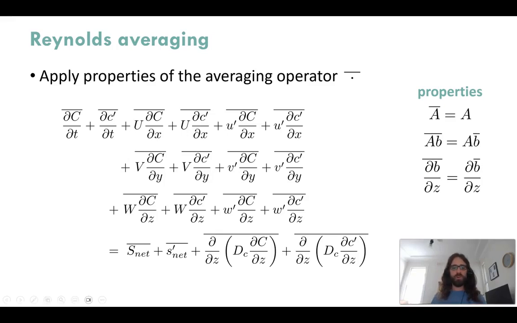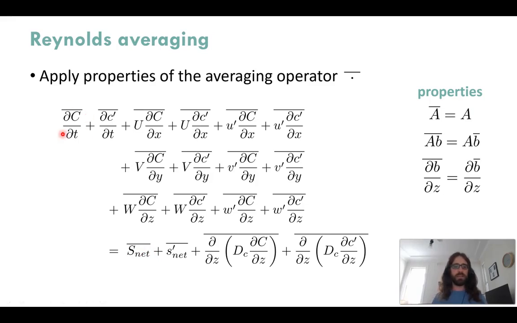Now, what we want to do is apply these rules we've established to help us simplify the equation that we left off with. So for instance, this first term on the right-hand side, we can say that it is equal to capital S net. The averaging operator doesn't change anything.